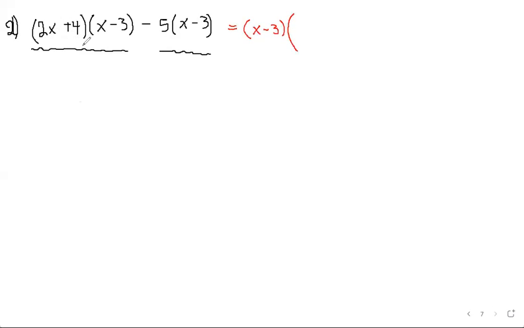Now, you're dividing this by this. What do you get? When you divide this term by this, I cancel x minus 3 with x minus 3, and it remains this term, this thing only: 2x plus 4. For the second term, when I divide it by this x minus 3, what do I get?